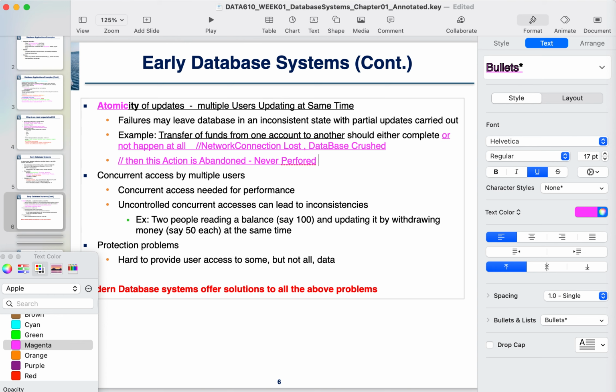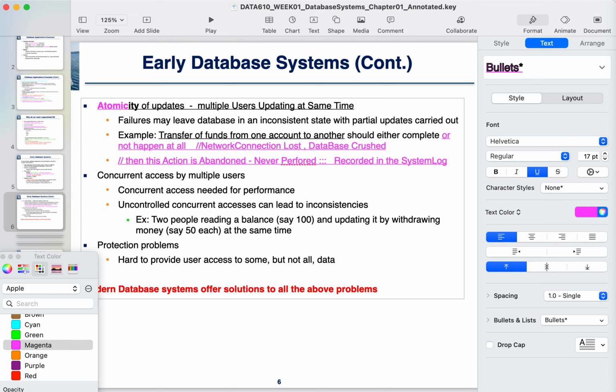Never performed. And all of the actions and transactions that we are performing are recorded in the system log. So we know what happened. We know we tried to transfer these funds and it didn't work because the network failed or something else crashed on us. So this is what's called the atomic action.